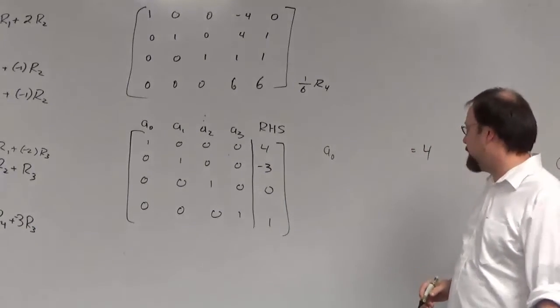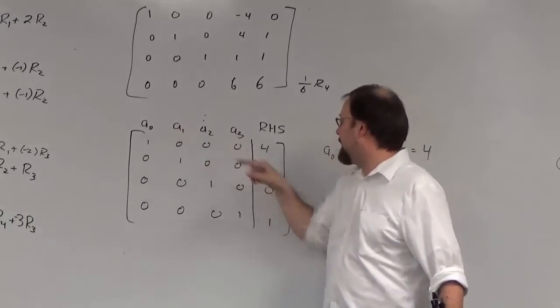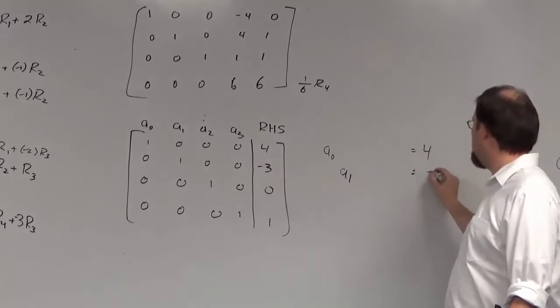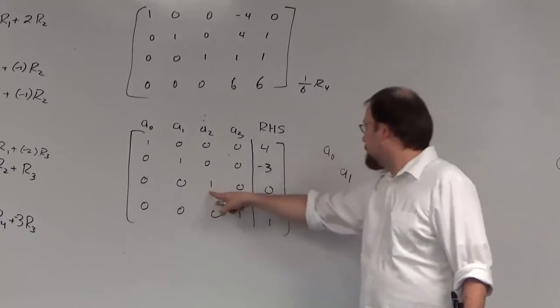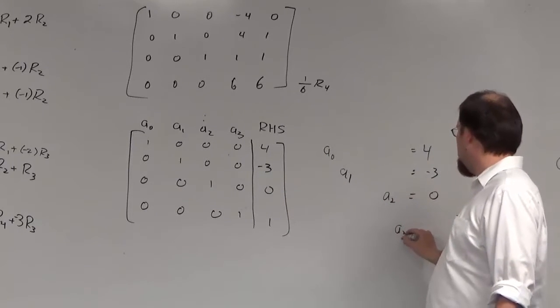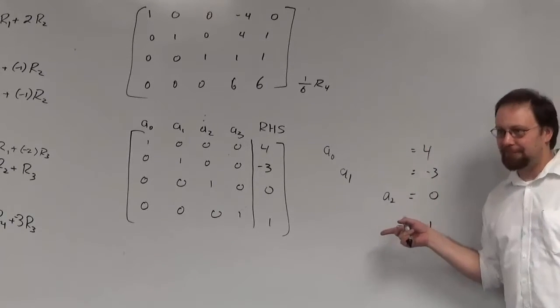So we know A naught is 4. Likewise, these coefficients are multiplying my unknowns, so A1 is equal to the right-hand side, A2 is 0, and A3 is 1. Okay, so we've solved. This is definitely a simpler system to solve.